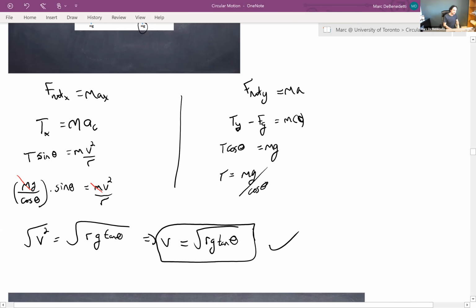I don't have a small cord with me, and there's stuff around me that I don't want to break. But an example would be a mass on the end of a string: if you rotate it slowly, it might be down here. If I do this, I'm going to hit myself in the face.